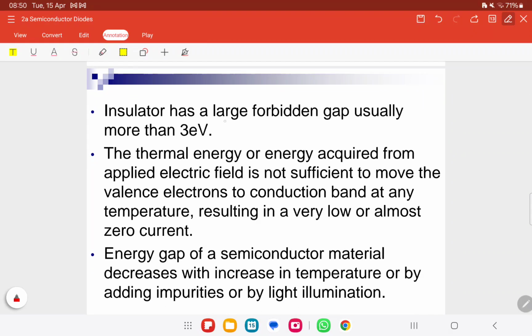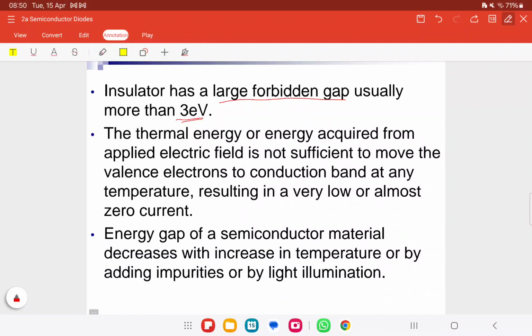The insulator has a very large forbidden gap. Okay, this is on the normal value. But for the electrons to go from one layer to another, from the EV to the EC, we can disrupt the process or the conditions by increasing the temperature.